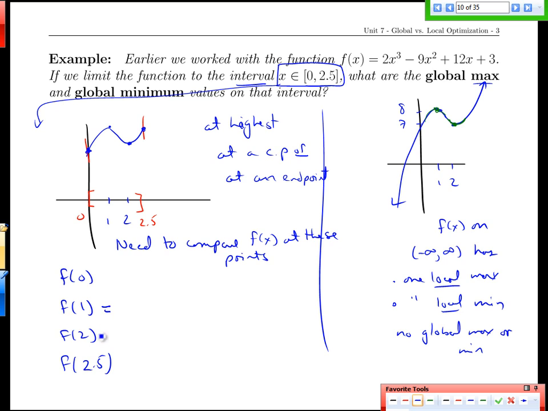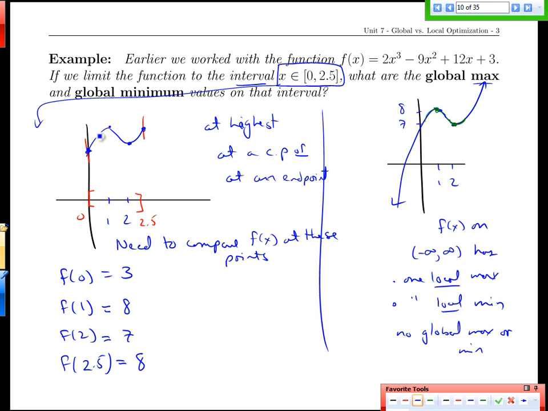Okay. Now some of them are easy, we did before. They were 8 and 7 for f of 1 and f of 2. When x is 0, we get 3. For the value of f of 2.5, we pull out our calculator, we do some typing, and surprisingly, we actually get the value 8 here as well.